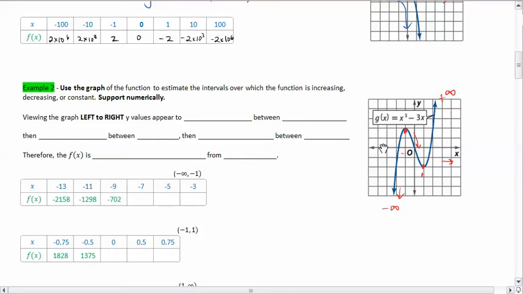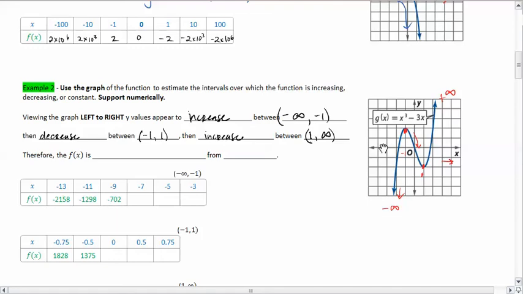So viewing the graph from left to right, y values appear to increase between negative infinity and negative 1, then decrease between negative 1 and positive 1, then they appear to increase again between 1 and infinity.